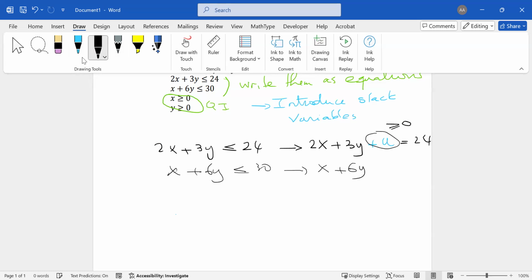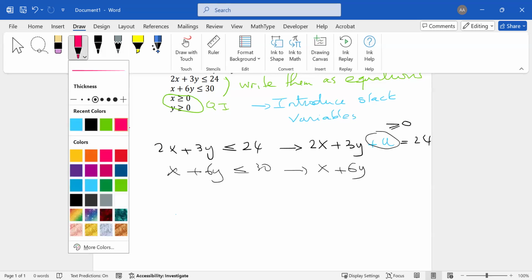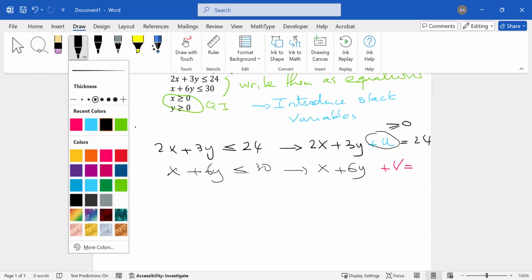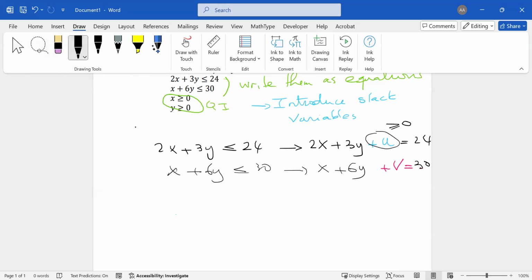We're going to call it another name, plus v, which is going to equal 30, right? So we did the first job. The first job is to transform each constraint into an equation by introducing slack variables. These two slack variables have to be positive or equal to 0, right?